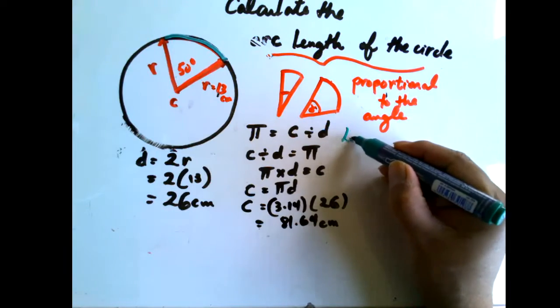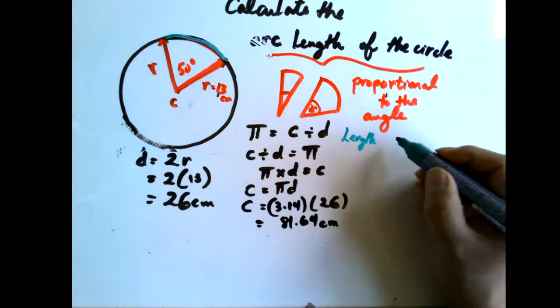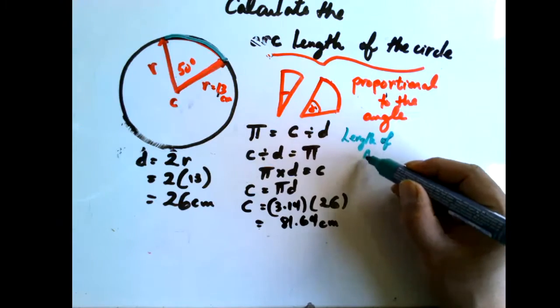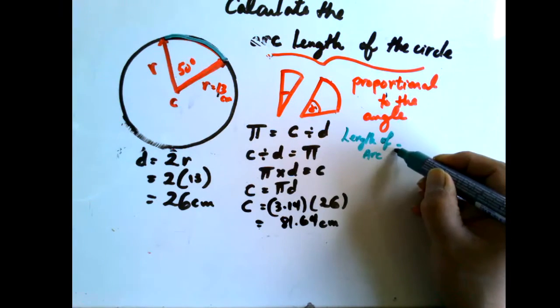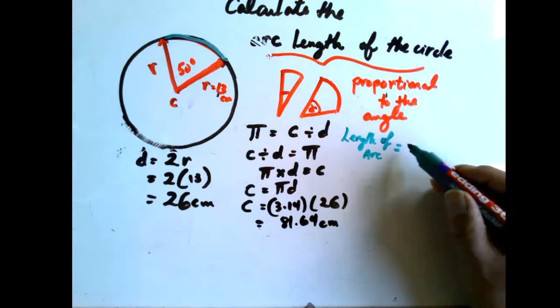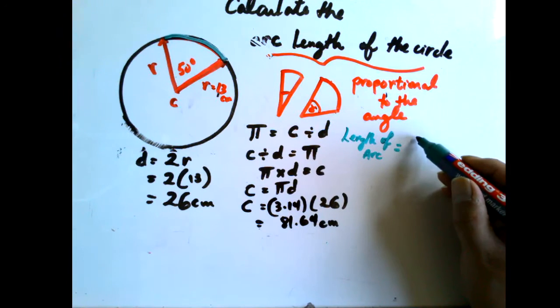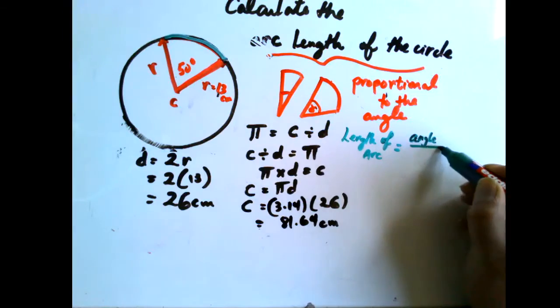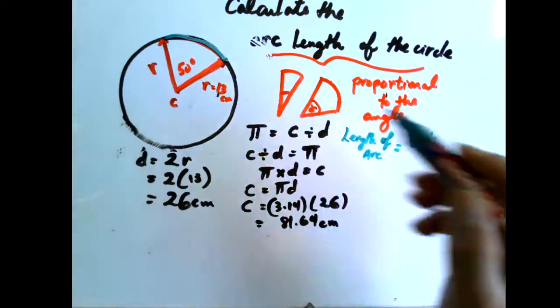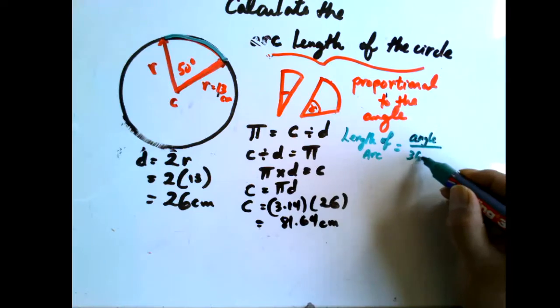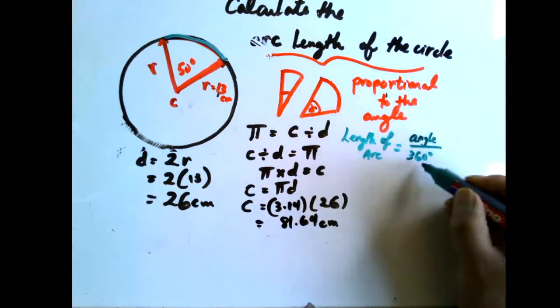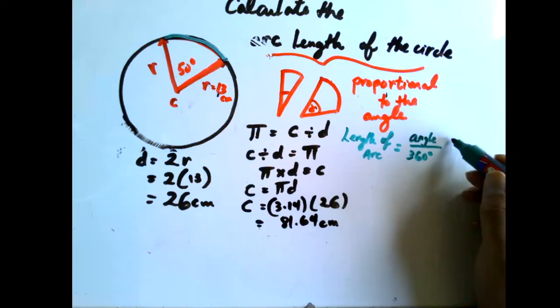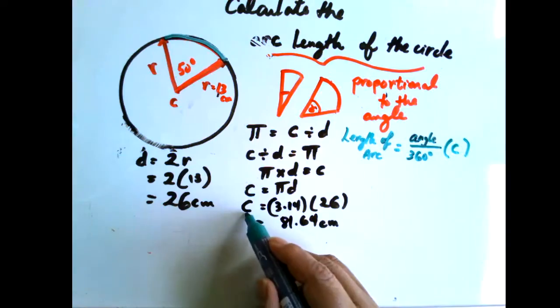Length of arc is the angle, let's say A, over the total angle of the circle, which is 360. So a fraction of the angle times the circumference, this value that we just got.